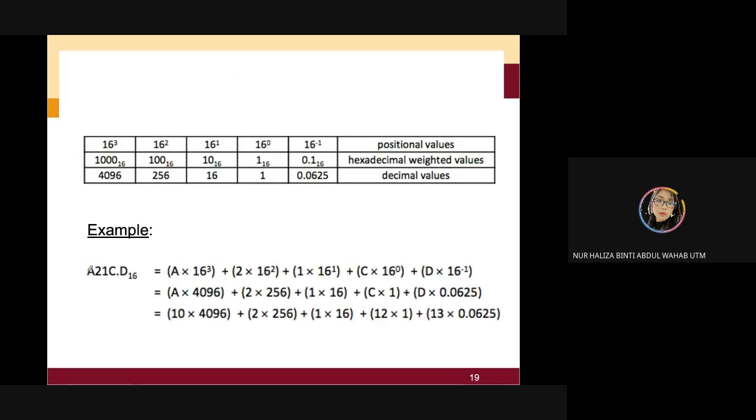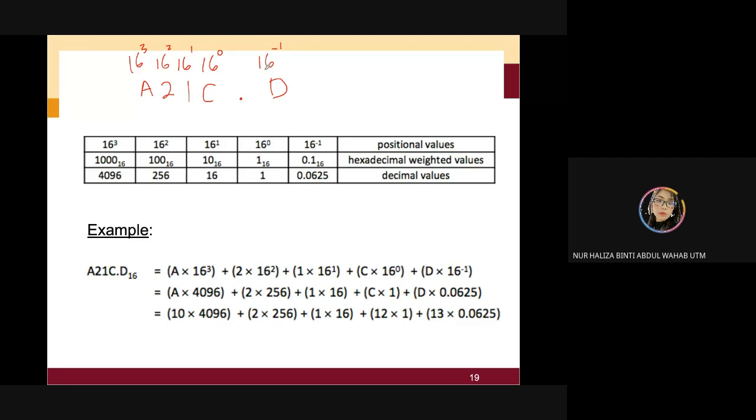You were given the example. Now it's quite bigger. A216.D. Okay, now we will have 16 to the power of 0, 16 to the power of 1, 16 to the power of 2, 16 to the power of 3, and 16 to the power of minus 1.